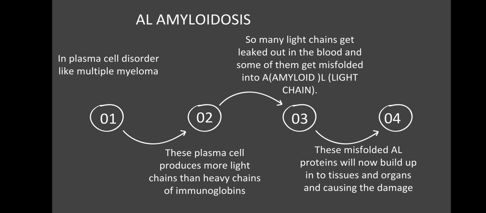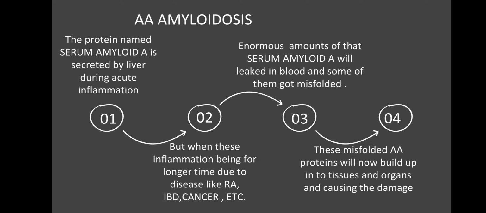Now let's go to the next one, which is AA amyloidosis. In AA amyloidosis, the protein named serum amyloid A is secreted by the liver during acute inflammation. This is really normal.